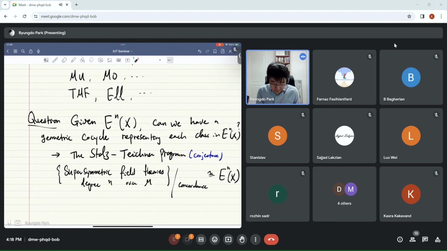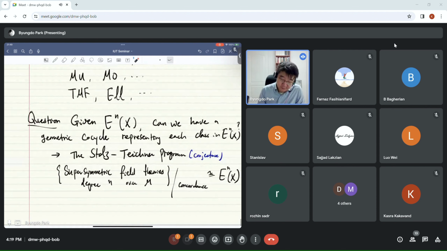And there is a version, if this one is Euclidean field theories, then it has to do with this differential version of generalized cohomology theory, and much less is known for that direction, I believe.